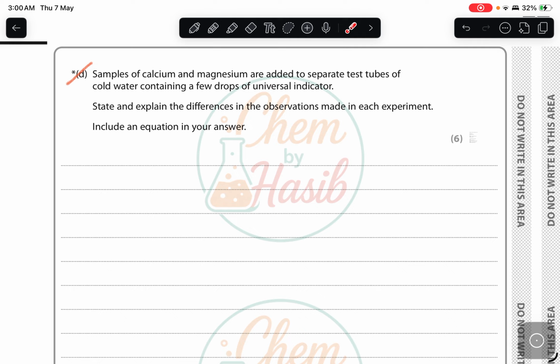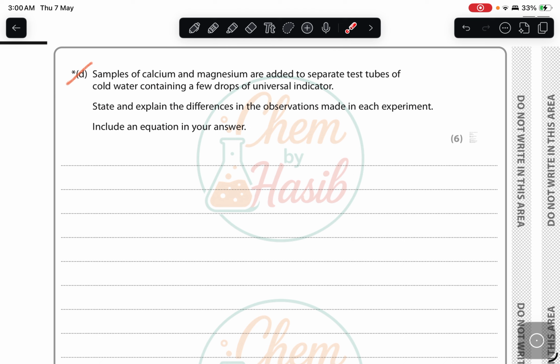And with calcium reacting with water, it will produce calcium hydroxide, and calcium hydroxide is more soluble in water, and that is why the solution will be more alkaline compared to the magnesium hydroxide solution, because magnesium hydroxide has a very small solubility in water.